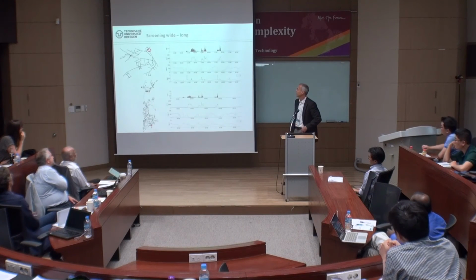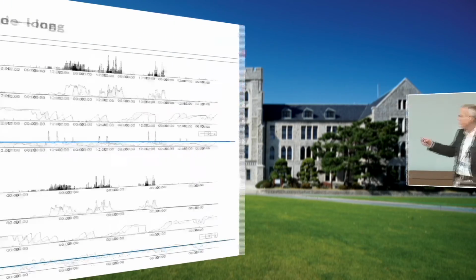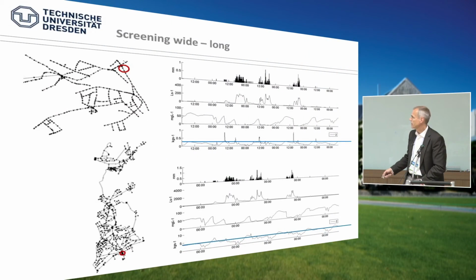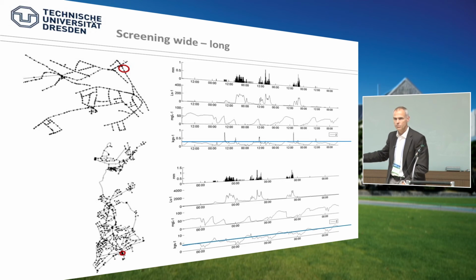And then, well, I don't go too much into the details of that. This was a screening work Thomas already did before he left. And you see here a wide network, short distances and many branches, and this is a long network. What you see here, as a consequence of this, is the load, a normal diurnal variation of the ammonium load.